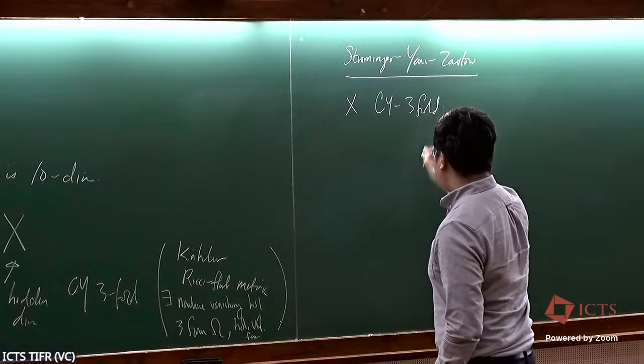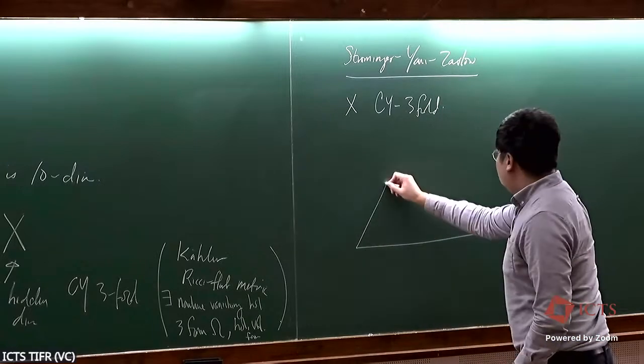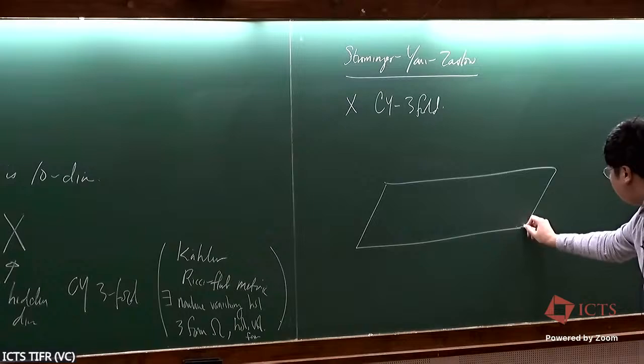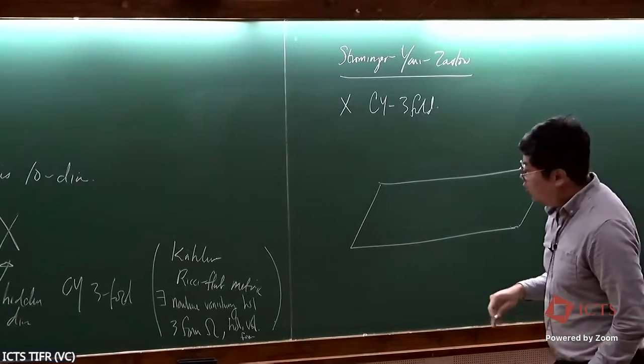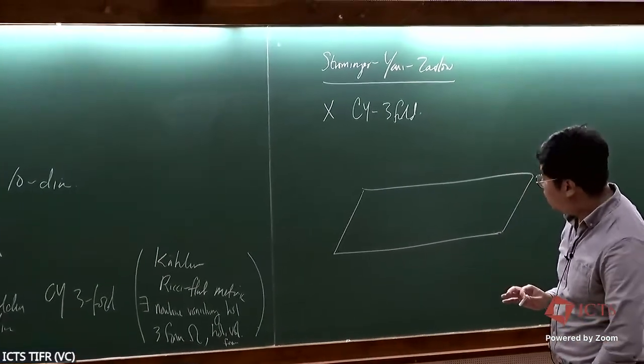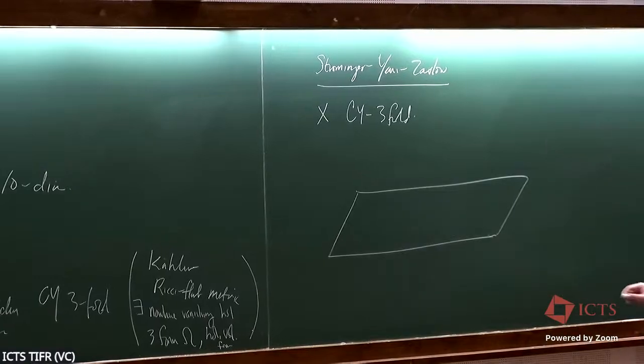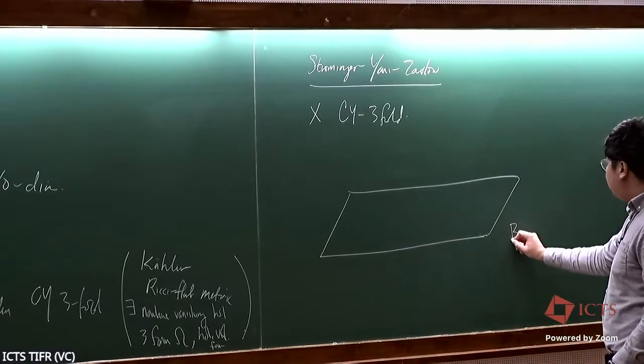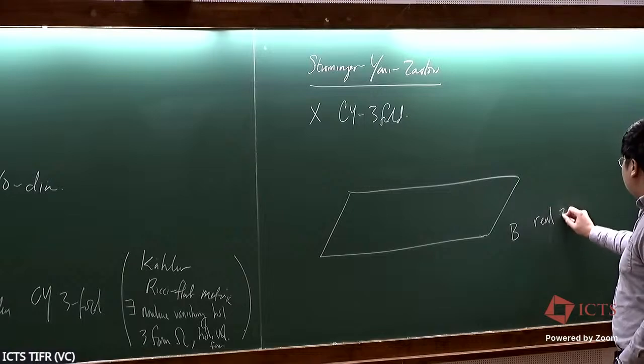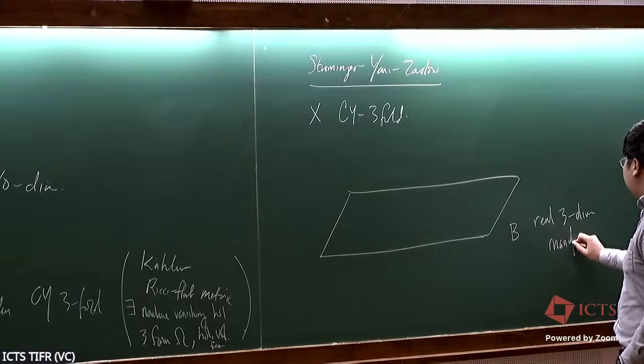I'm not a string theorist, I don't work in mirror symmetry or Calabi-Yau threefolds, but the cartoon picture one expects is that if I have a Calabi-Yau threefold, I have some real 3-dimensional manifold as my base.